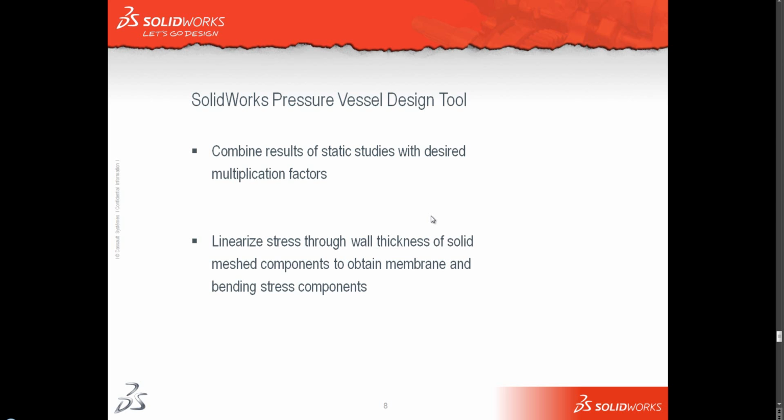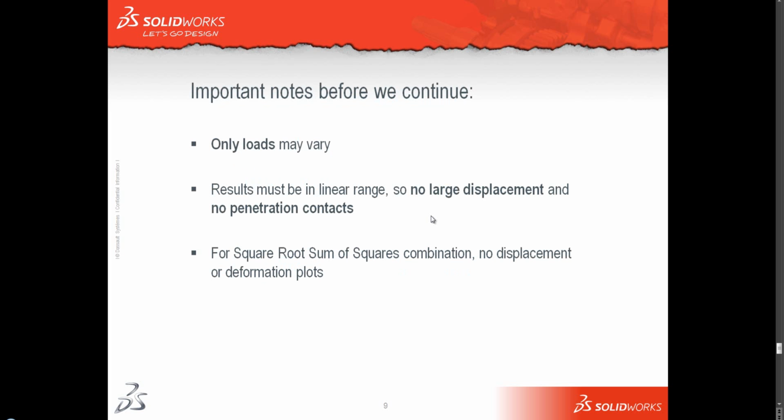SolidWorks Simulation Professional has the capability to linearize these results. So we've got a tool available to us to linearize the stresses through that wall thickness and extract those membrane and bending stress components, which are important because they are normally the key criteria used in the pressure vessel standards and codes.